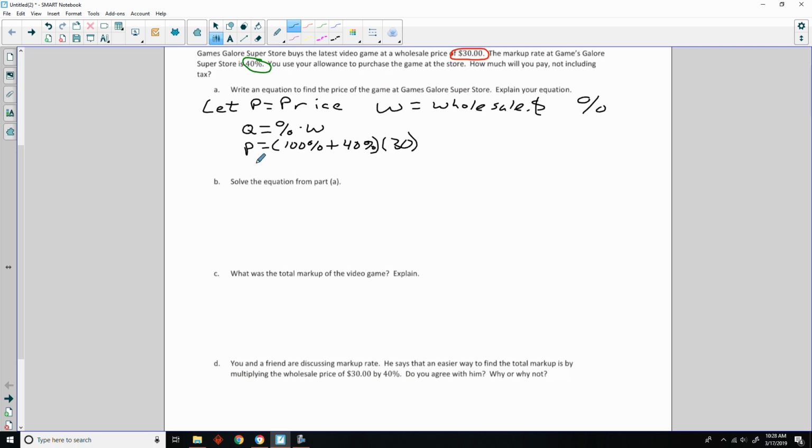Okay, so this would simplify to P equals 140% times 30. Now it says to solve the equation from part A. So I'm going to rewrite P equals 140% times 30. 140% written as a decimal is 1.4.